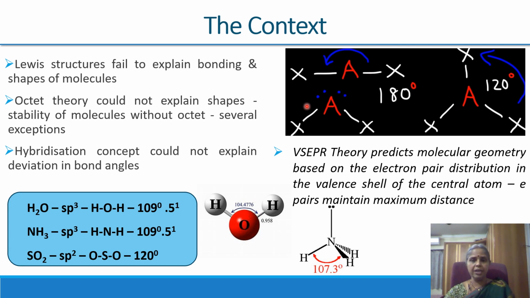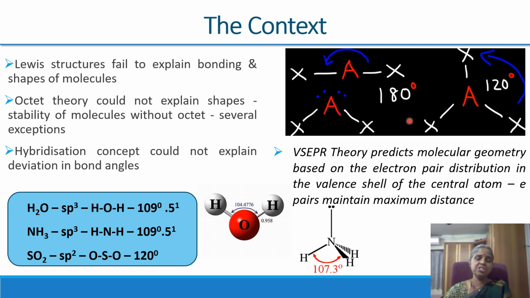But if you see here, this particular A is also bonded to two X and two bond pairs, but because this A is having two lone pairs also, now there is a bent, the bond angle is bent, that is, it is less than 180 degrees. You can see here there is a bending, or there is a reduction in the bond angle because of repulsions between the lone pairs and also the lone pair and the bond pair.